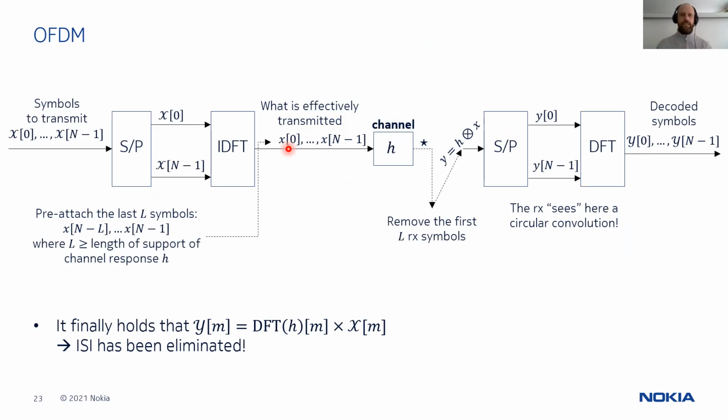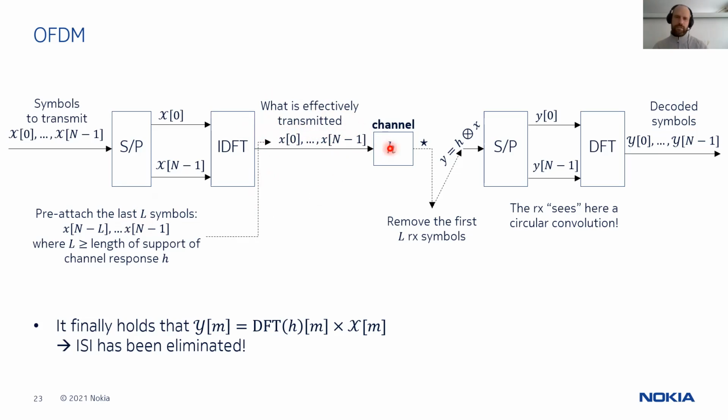So you do as we said for the first two blocks: you have symbols to transmit, serial to parallel, IDFT, and then instead of transmitting just the IDFT output, you pre-attach the last L symbols of this sequence, in a circular way. You take the last L symbols of this sequence, and then you attach them as a prefix here.